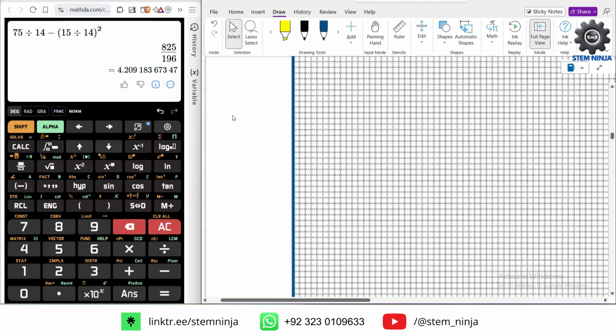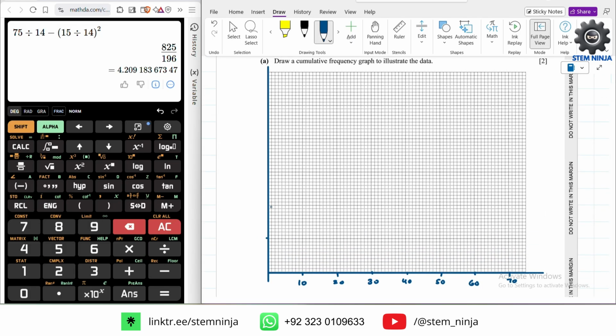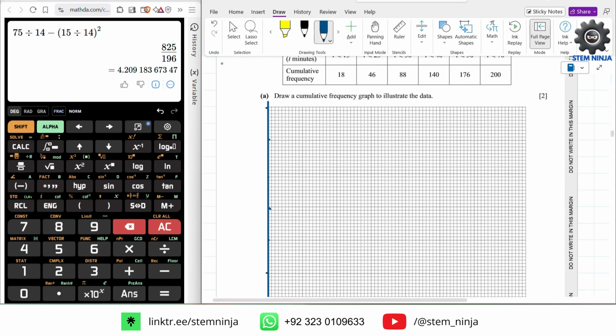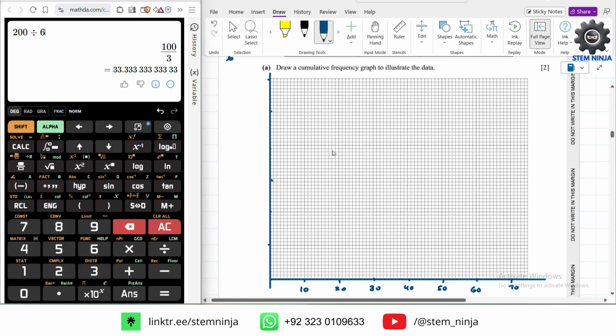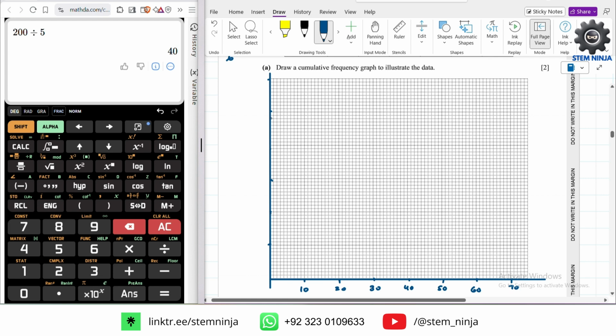Okay, let's see how many boxes we have. We have 1, 2, 3, 4, 5, and 6. Okay, so let's divide 200 by 6. That's a little bit weird. How about 5? 40. So if we do 40, 1, 2, 3, 4, 5.